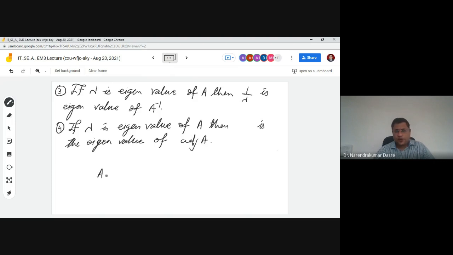What is the relation we know? A inverse is equal to 1 upon determinant of A into adjoint of A. Correct? So this is the relation. Is that okay?